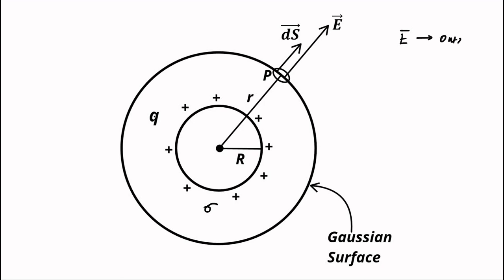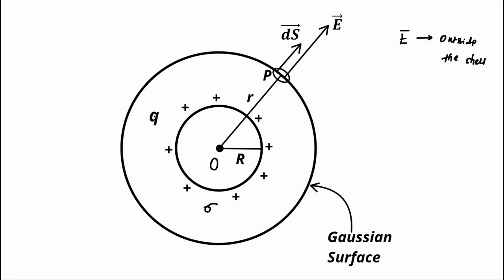outside the shell, which is this case, where we consider this is the central point, the center of the spherical shell, which is hollow inside with no charge, only the positive charge uniformly distributed on the surface.